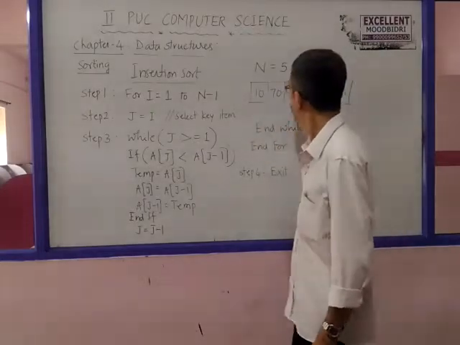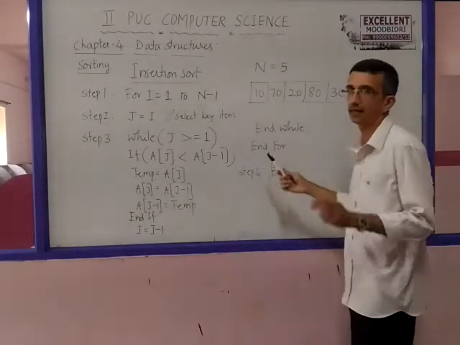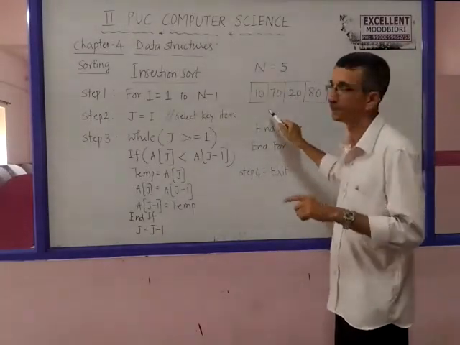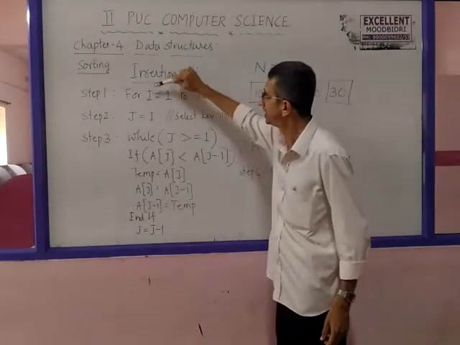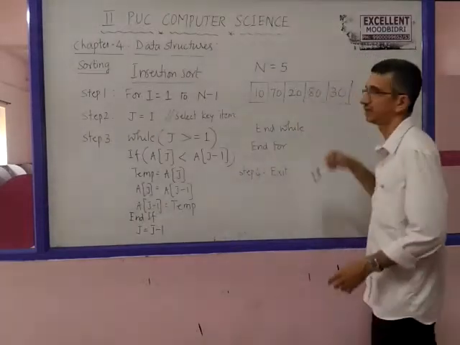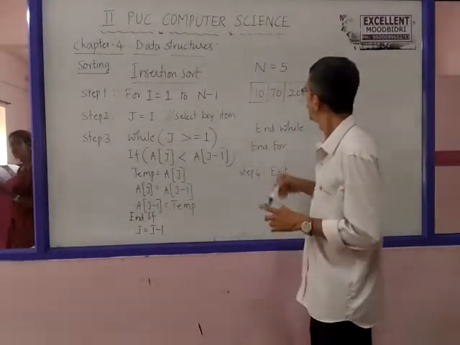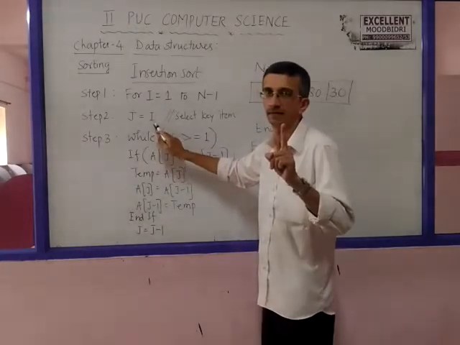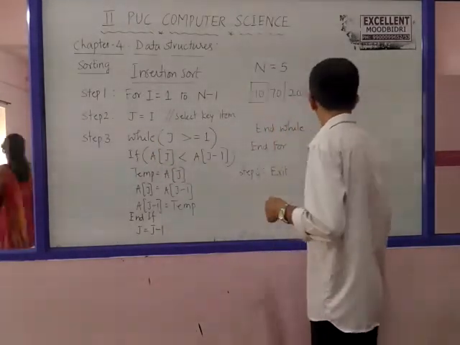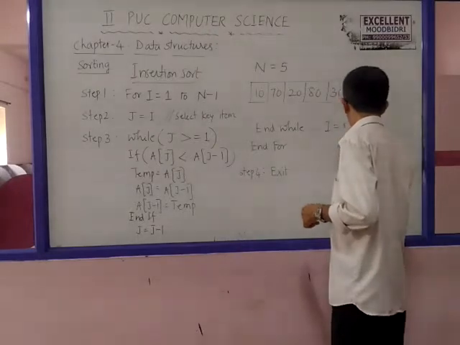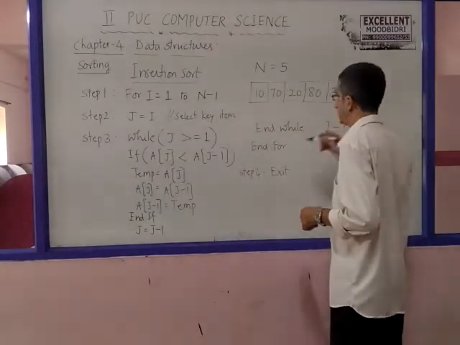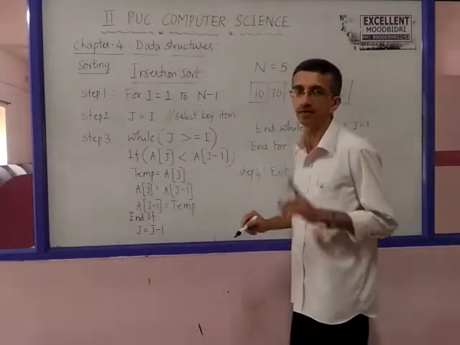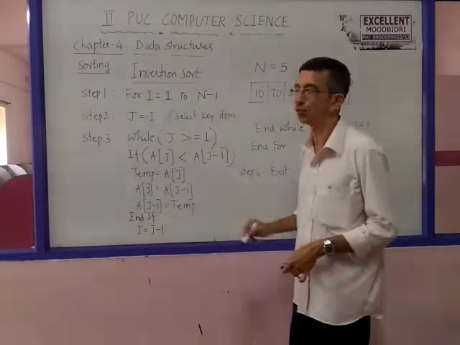Correct? So as we have seen, selection of an item, second element or index 1, starting with i equal to 1. Let us see how this happens in this example. When you select i is 1, j becomes 1. While j is more than or equal to 1, j is 1, so it is true.